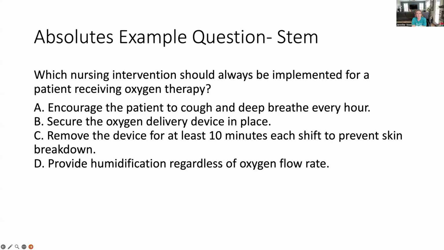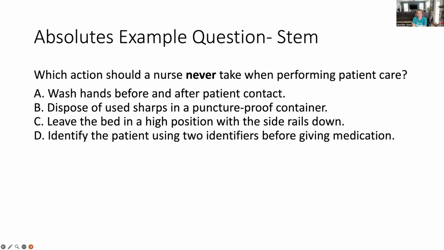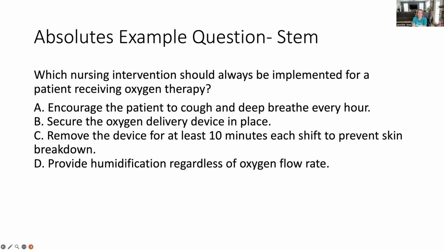All right, yeah, so that one seems pretty black and white, right? We're always going to hold that oxygen delivery device in place. Otherwise, who knows if it's in the right spot or not, and if it's doing what it's intended to do. So that's an example of how it could be in the stem and would then therefore require a very black and white answer. Well, I forgot to give you guys a correct on that one, but it's B.